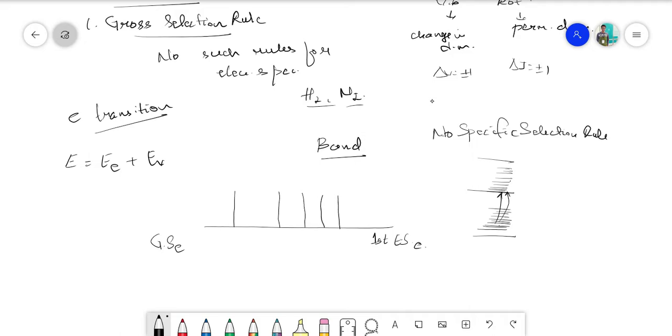Why are the lines getting closely spaced as you go to higher frequency? Higher frequency means higher energy, and we know due to anharmonicity that the energy levels come closer as you go up in energy, as you keep increasing the vibrational quantum number. That is why the energy levels are close, so the energy required for the transition is also lesser than what you would expect from one ground state level to another.